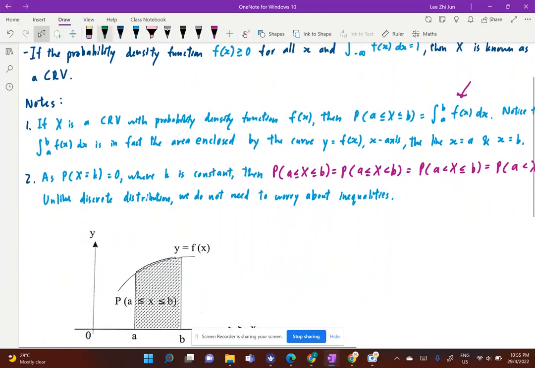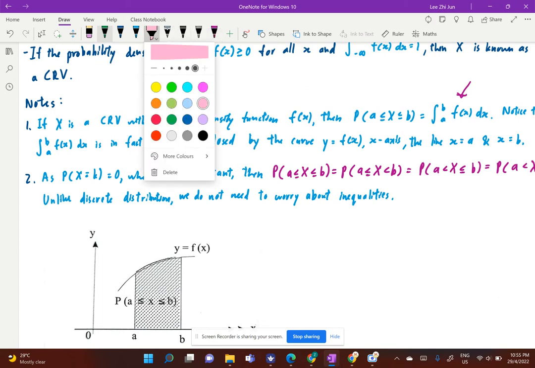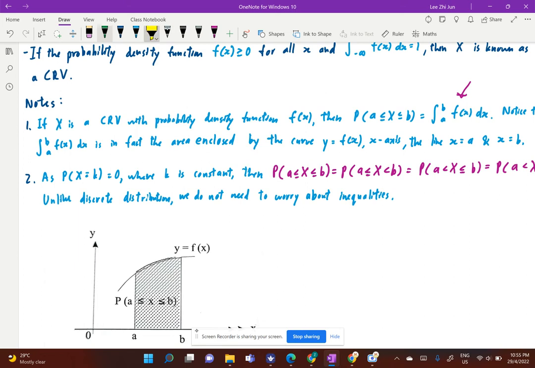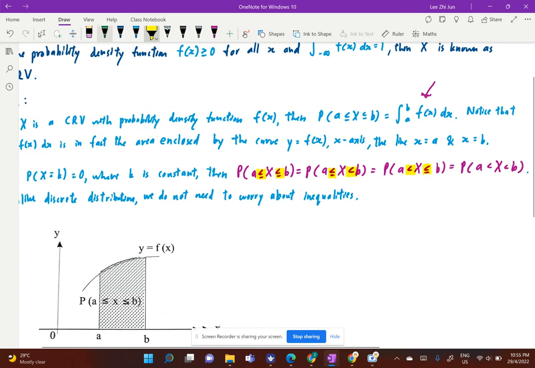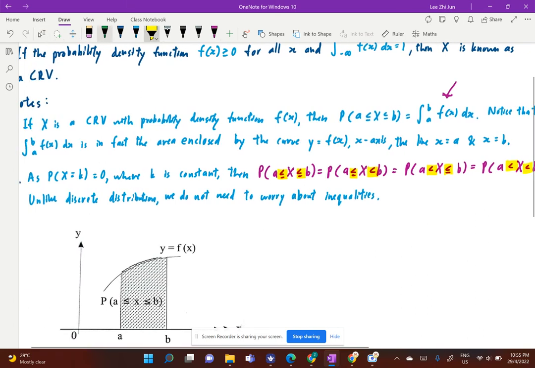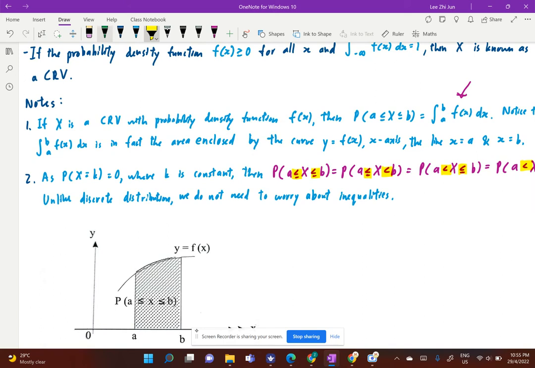As P(X = k) = 0, where k is a constant. The signs, smaller or larger, or smaller and equal, are all the same, so you do not need to worry about the inequalities.